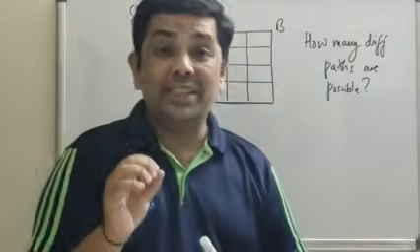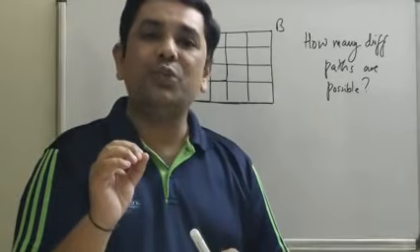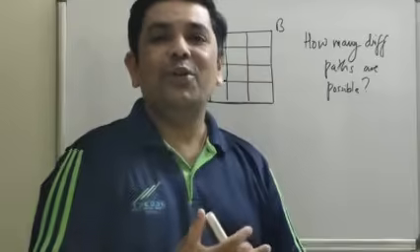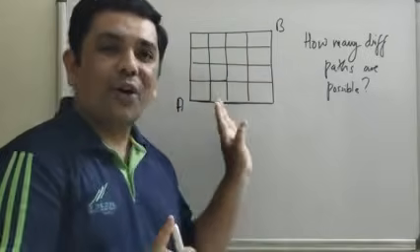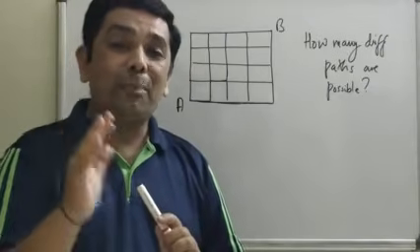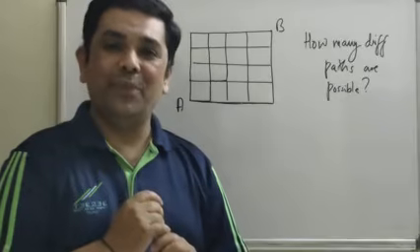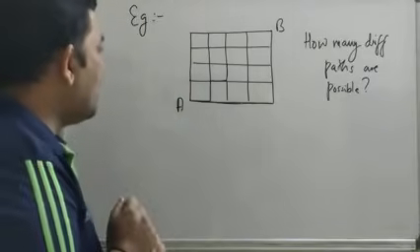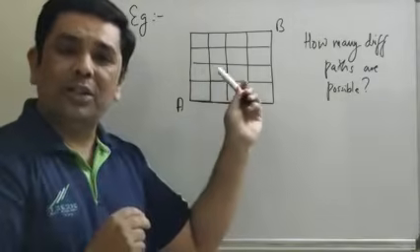You can start this way, but very soon, within a minute or so, you are going to realize that this is not the way to solve this question. The hit and trial approach is not going to help you. Correct? Is there a way to solve this question?